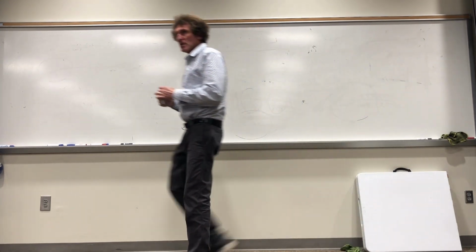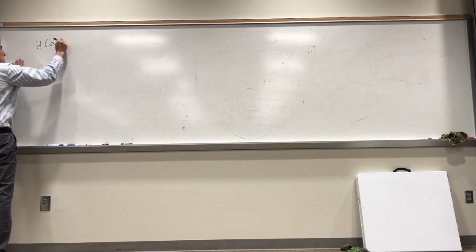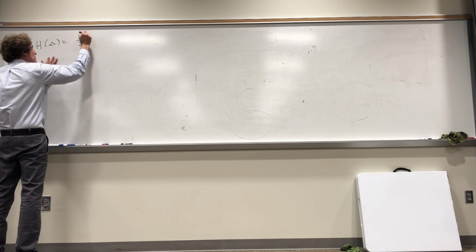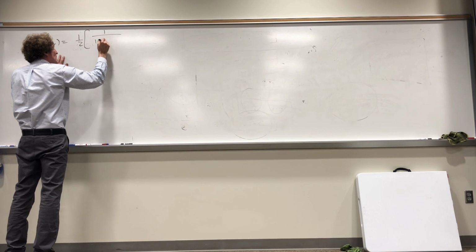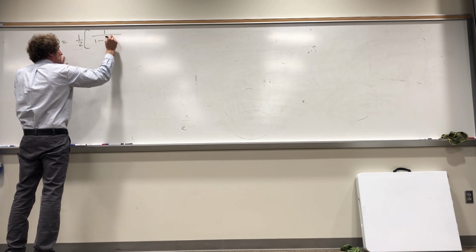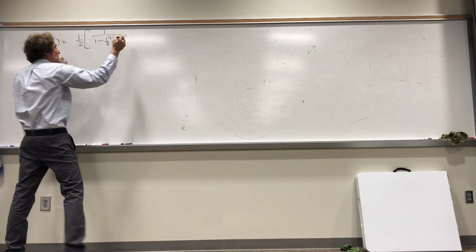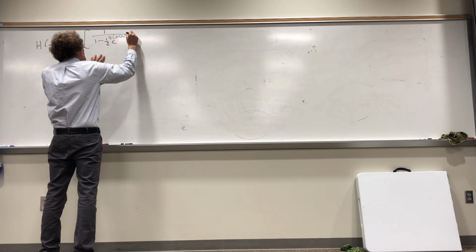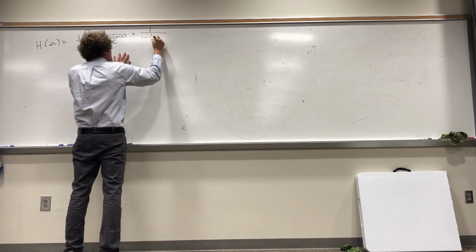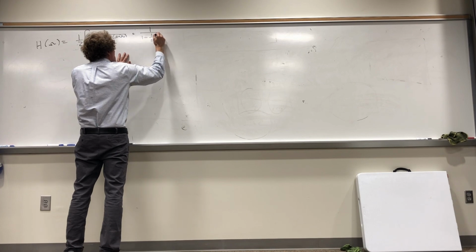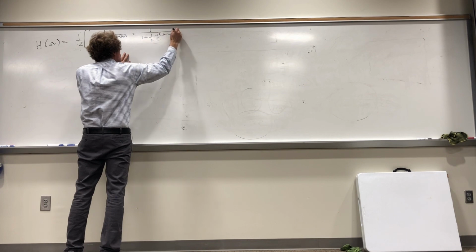All right, I'm going to let this be the transfer function of my system. Write this down. It's going to be 1/2 times 1 over 1 minus 1/2 e to the minus j omega plus omega naught, plus 1 over 1 minus 1/2 times e to the minus j omega minus omega naught.